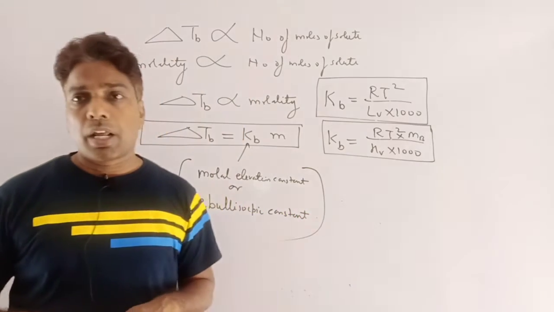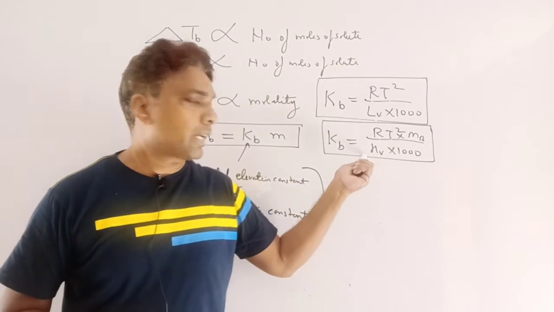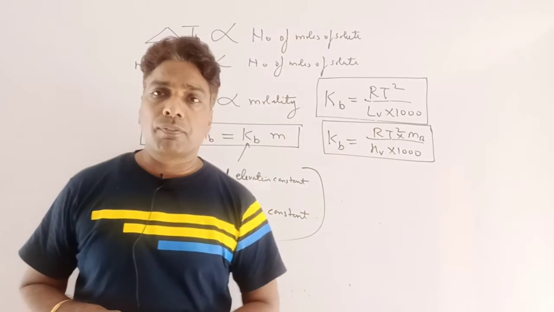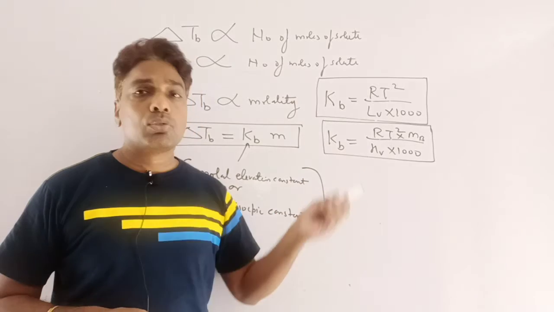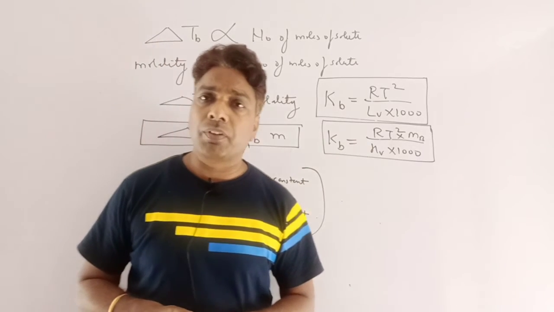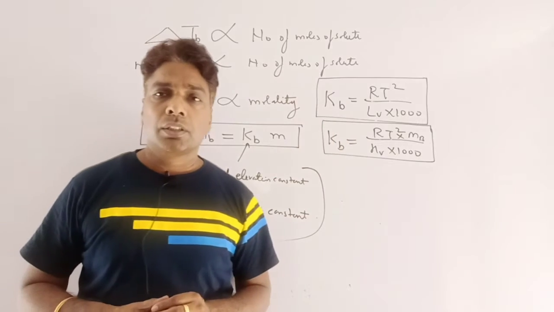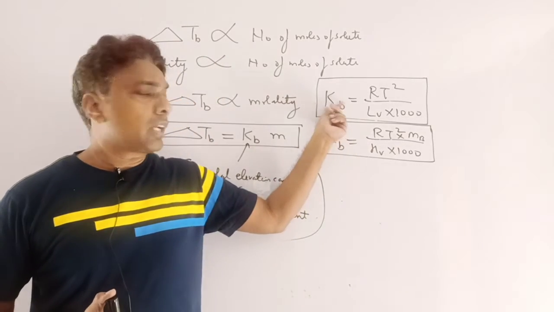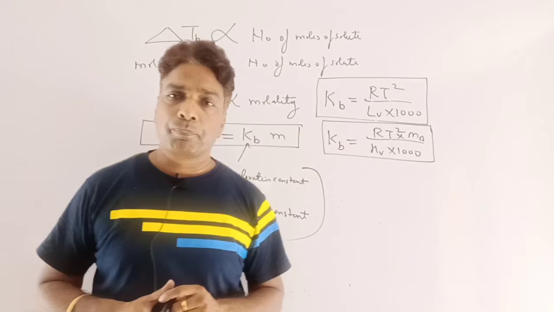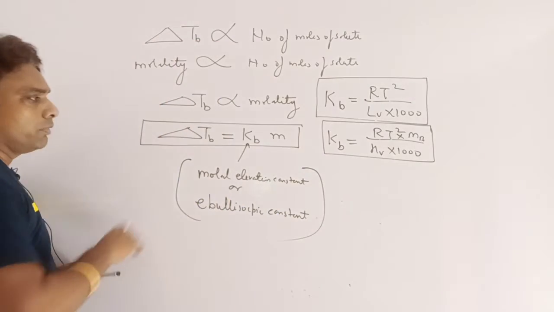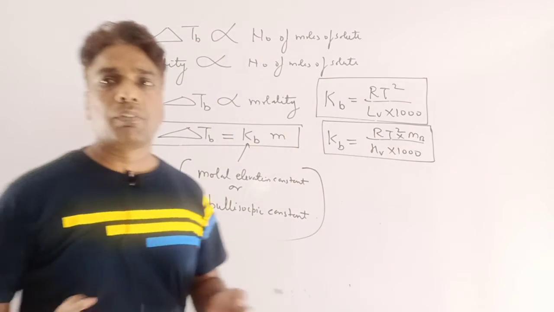If enthalpy is given in the question, then by using the second formula we can calculate the value of Kb, and if LV or latent heat of vaporization is given, then by using the first one we can calculate the value of Kb, and by using the value of Kb we also calculate the elevation of boiling point.